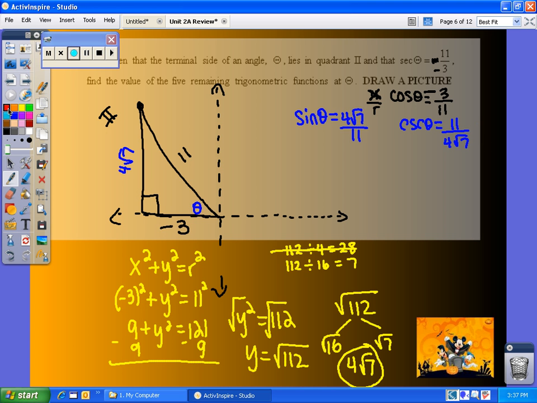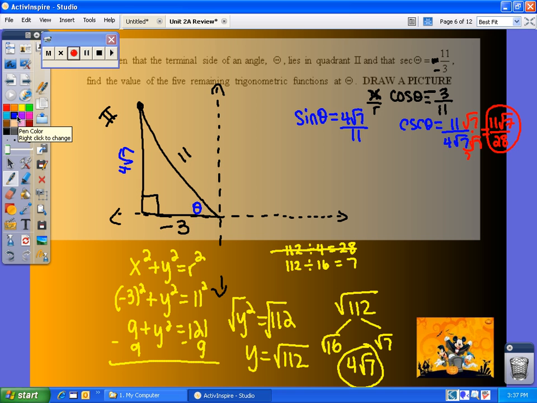As you can see, we have a radical 7 on the bottom. So I'm going to multiply both the top and the bottom by radical 7. That leaves me with 11 radical 7 over, remember that's 7, 4 times 7, which is 28. This cannot be broken down anymore, so it stays just like that.